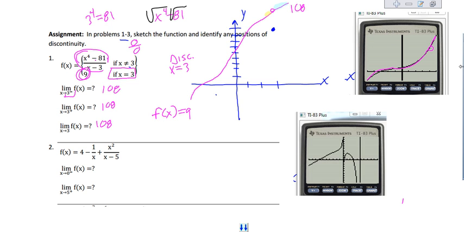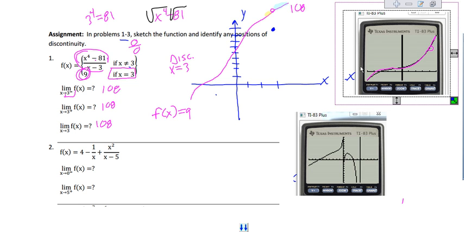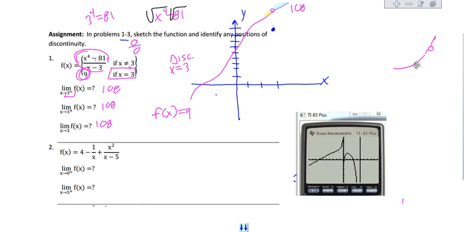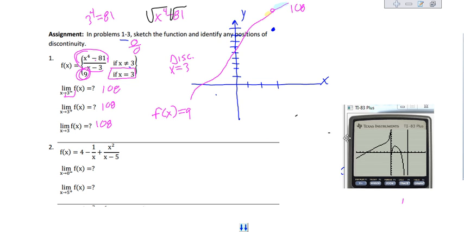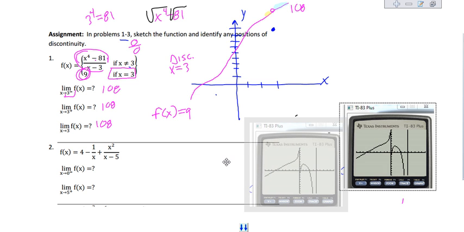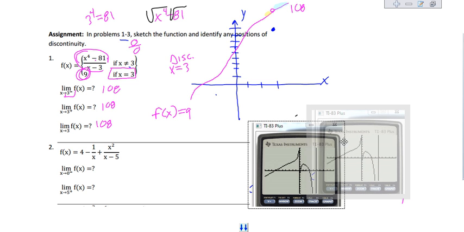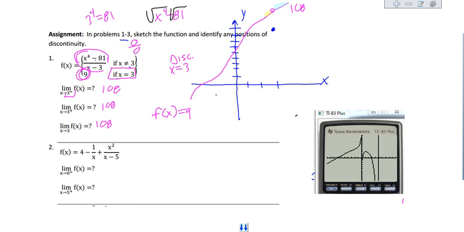And let's get rid of what we had before from the previous problem. Okay. So what's happening here as we sketch this graph? We can see a couple of things.